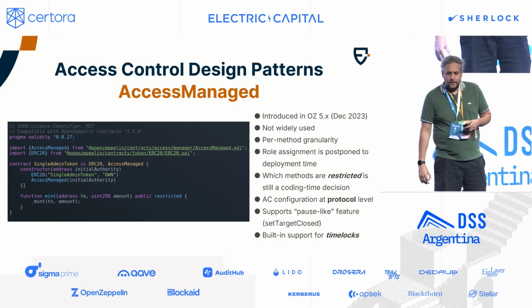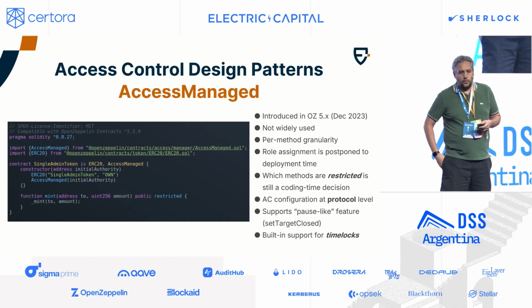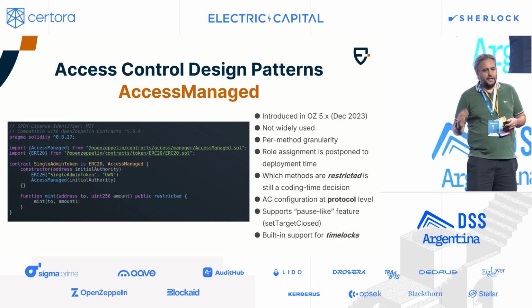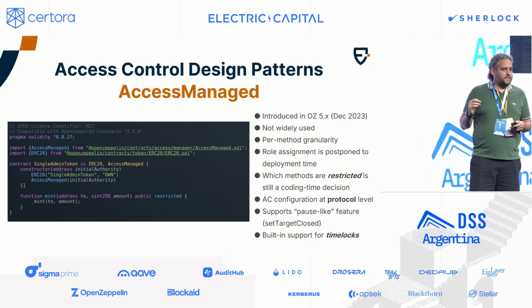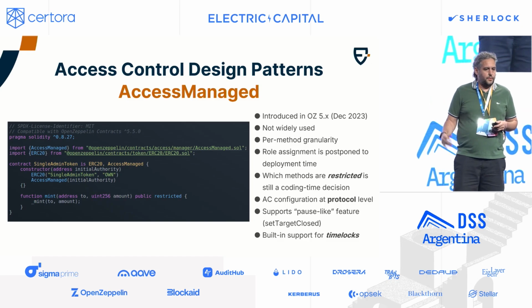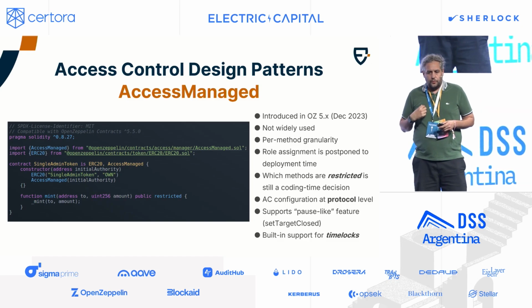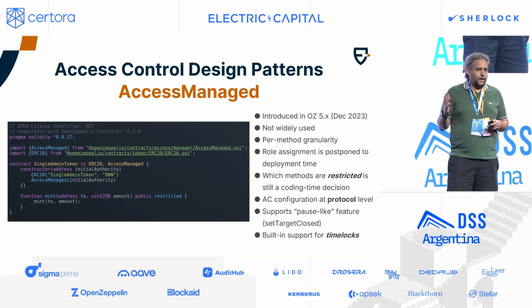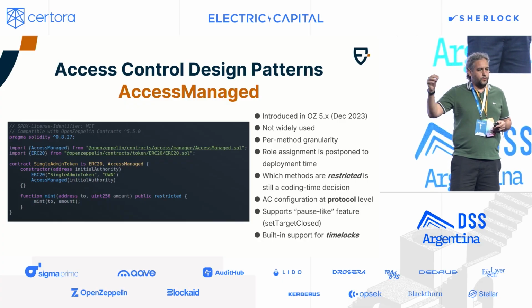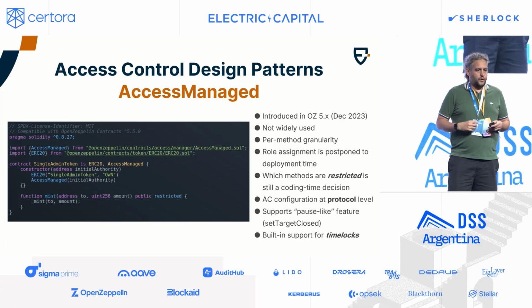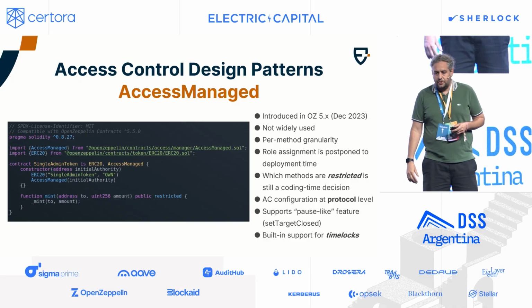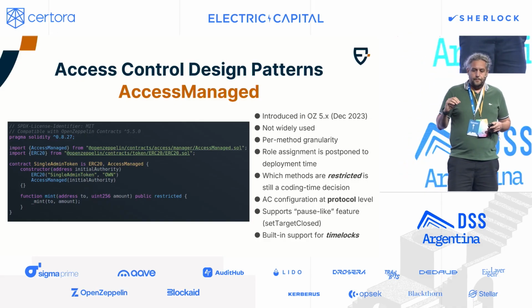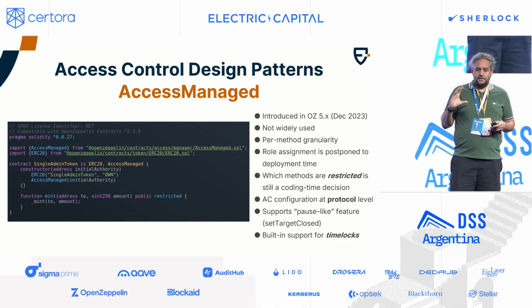Finally, we have the AccessManager plus AccessManaged pattern. This is a contract introduced in OpenZeppelin version 5 in December 2023. For me, it's not so widely used, but it's a big step forward in the direction that we are presenting in this presentation.